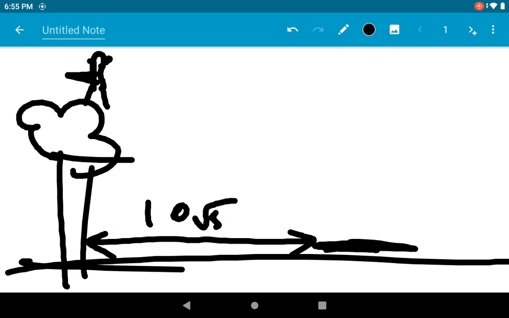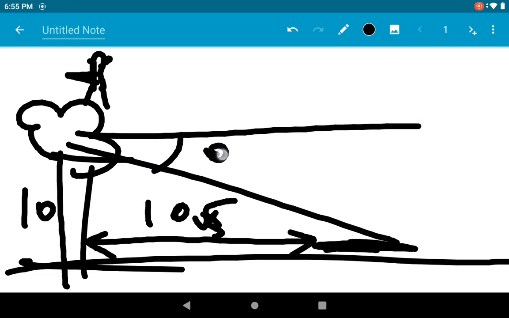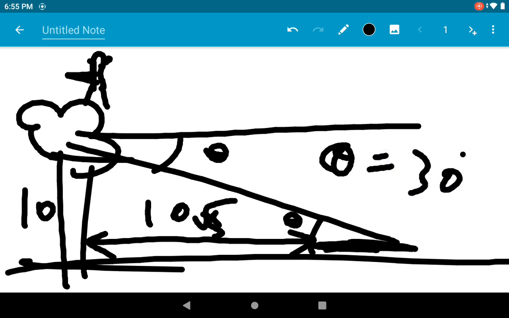So this is 10 root 3 and this is 10. They've asked us the angle of depression of the snake from the eye of the peacock. That's going to be this angle, which is equal to this angle because of alternate interior angles. So theta is clearly 30 degrees, because tan theta equals 1 by root 3. So that's going to be option A.